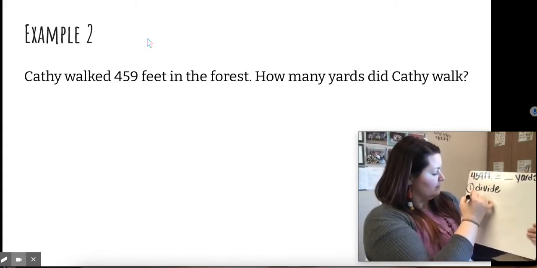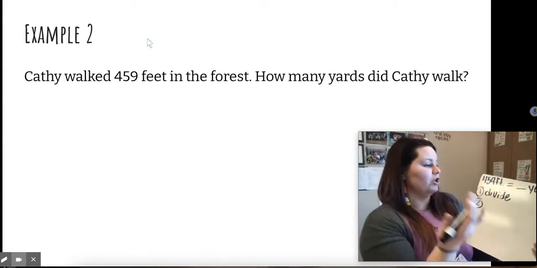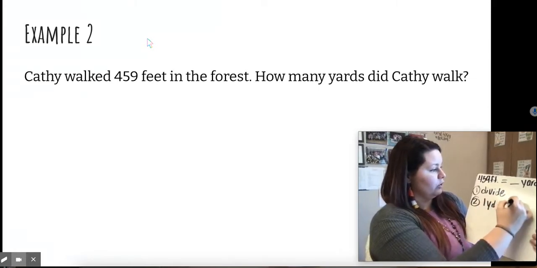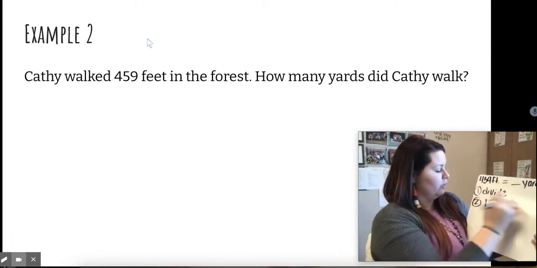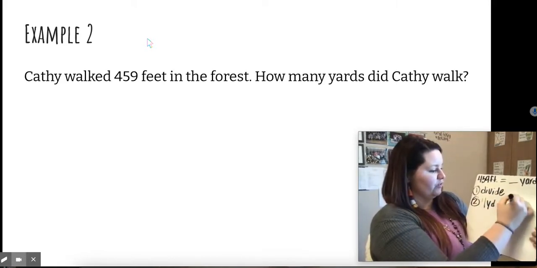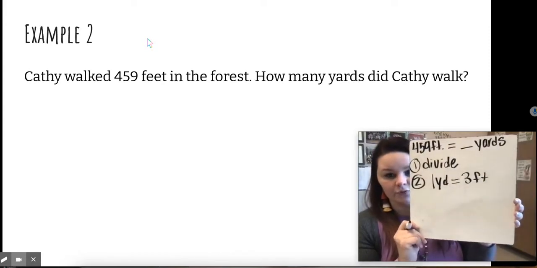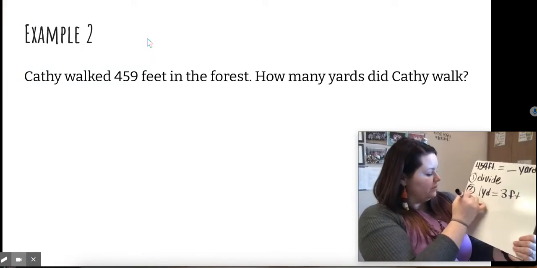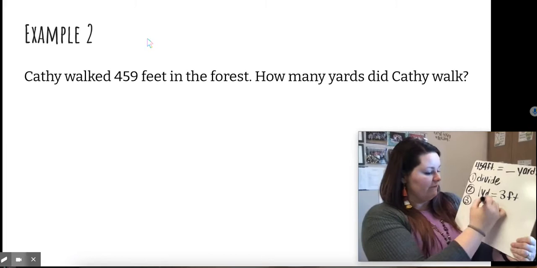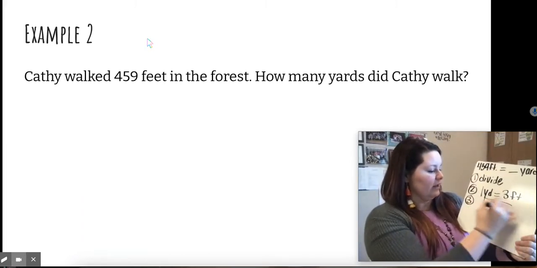Step 2, figure out how these two compare, or what 1 unit is equivalent to. Well, we know that 1 yard is equivalent to 3 feet. So in order to figure out how many yards is 459 feet, we're going to divide 459 by 3.